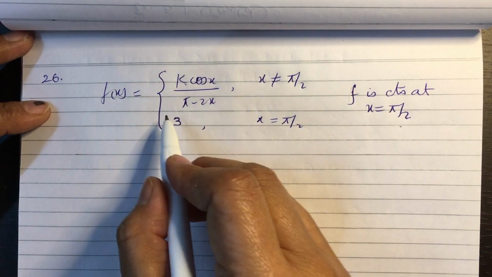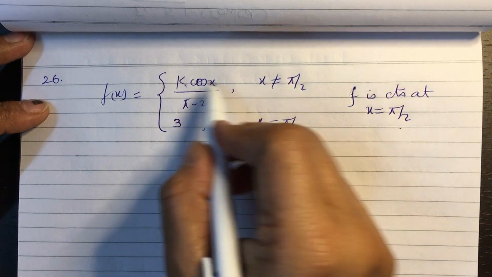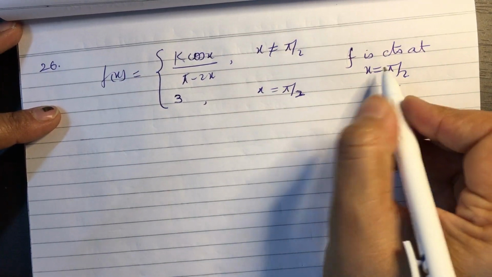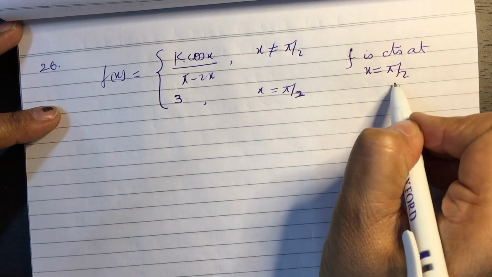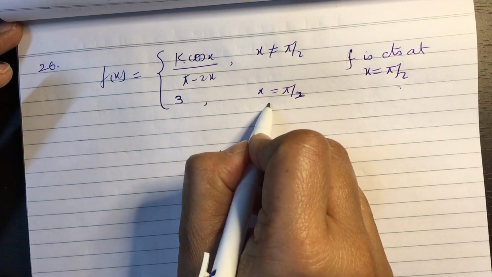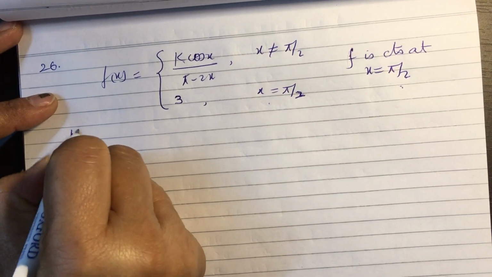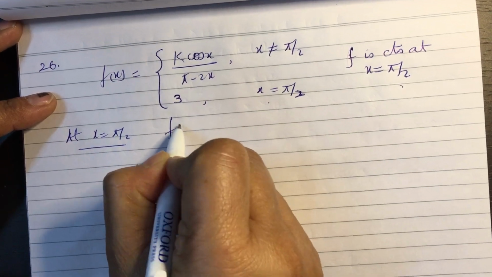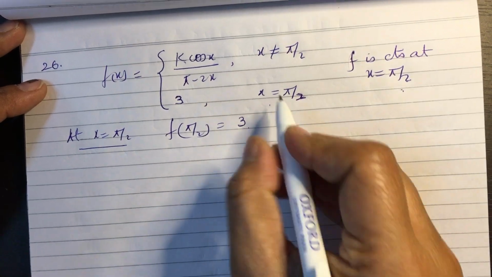All questions from question number 26 to 30 are extremely important and they are in the same category. Now since it is given to be continuous at x equal to pi by 2, here we check only at pi by 2. We don't check continuity at any other point. So at x equal to pi by 2, the value of the function is given as 3.